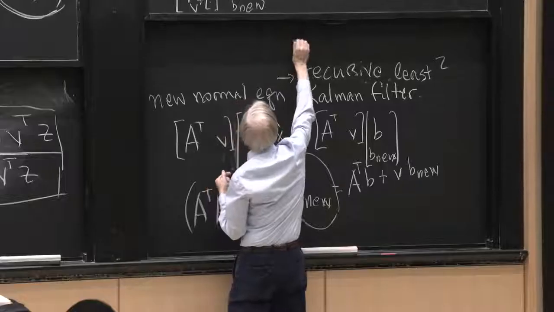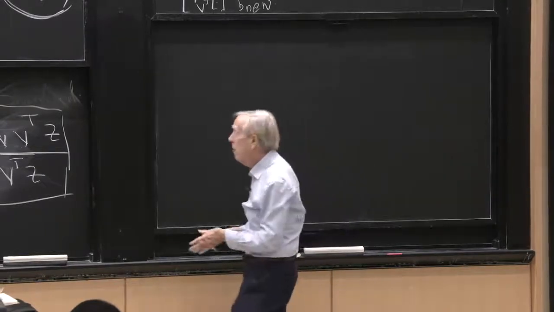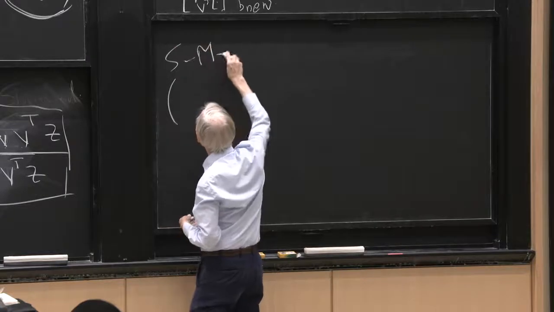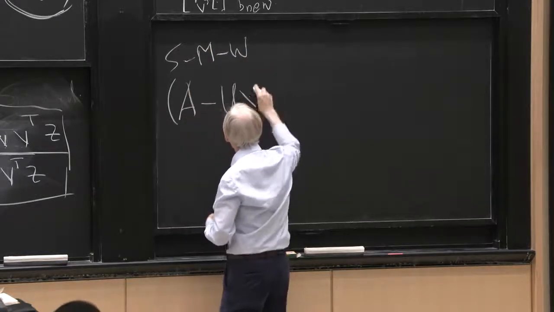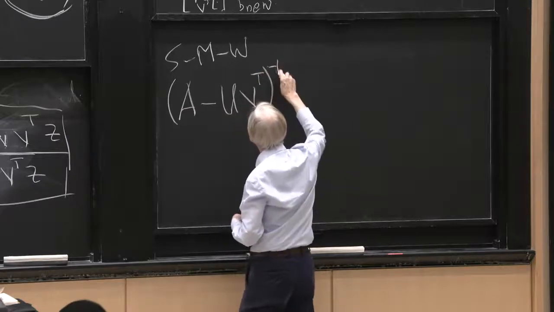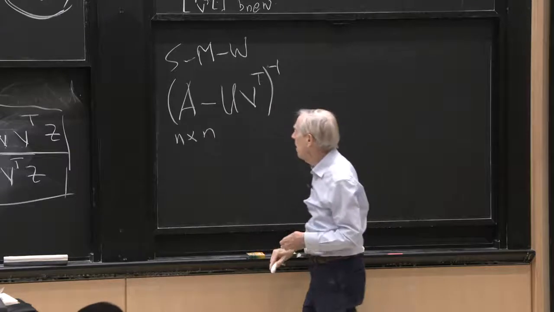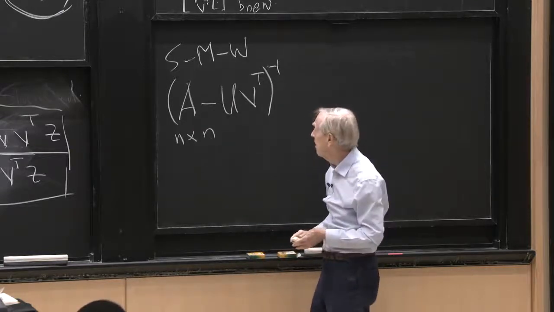There's got to be one more brush. Okay, so here's Sherman, Morrison, Woodbury. And what's the complete thing? It's A minus UV transpose inverse. So this is n by n. And it's an A now instead of an identity matrix. That's the difference.